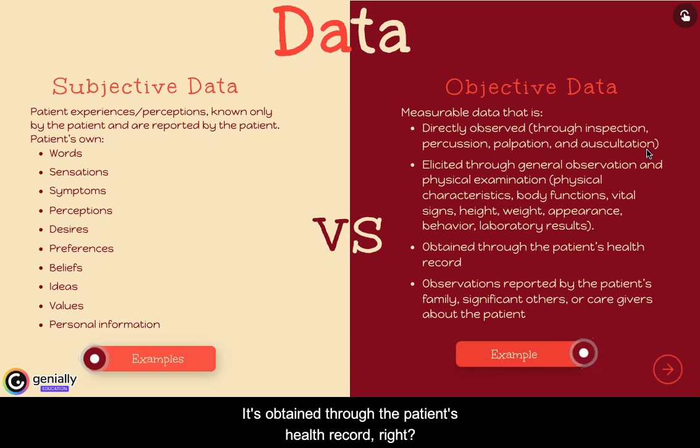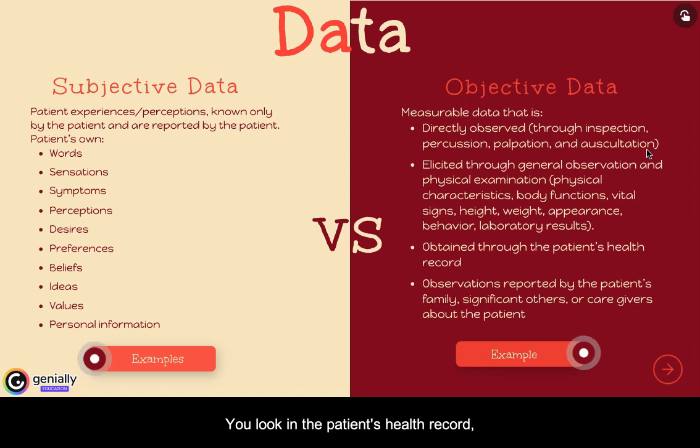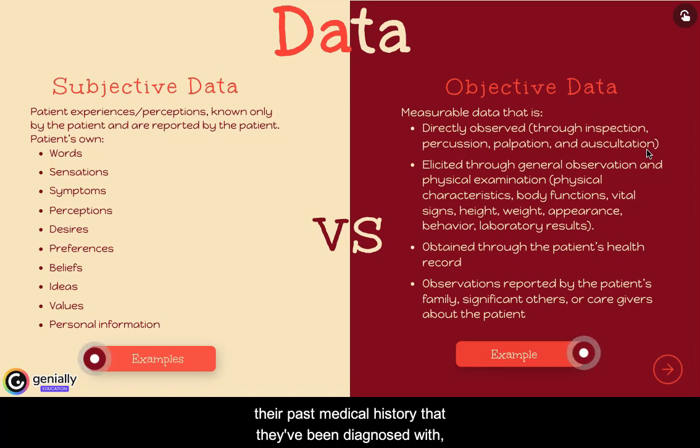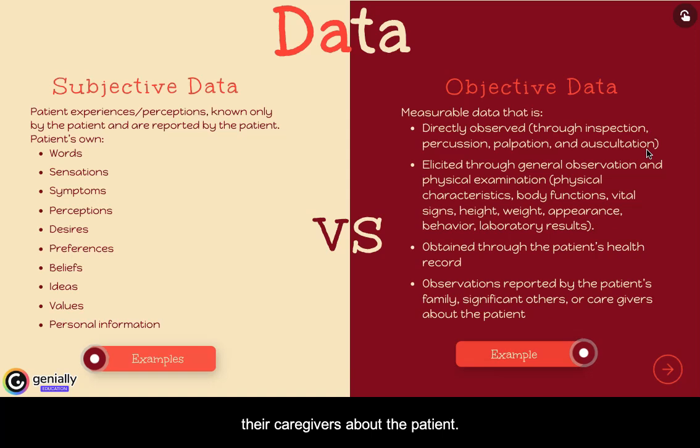It's also obtained through the patient's health record, right? You look in the patient's health record, their past medical history that they've been diagnosed with, the medications they take that were prescribed or over the counter. All of this is objective data. Then we have observations reported by the patient's family, which is their significant others, their children, their caregivers, about the patient.